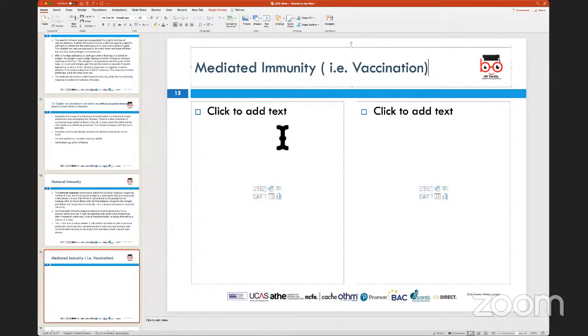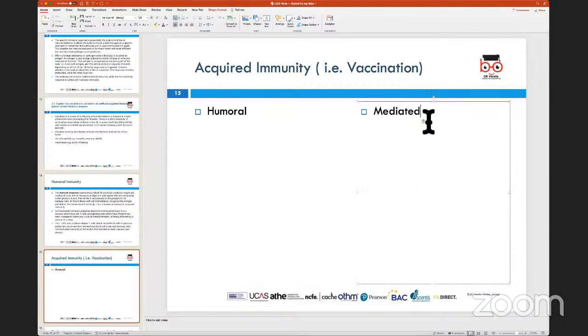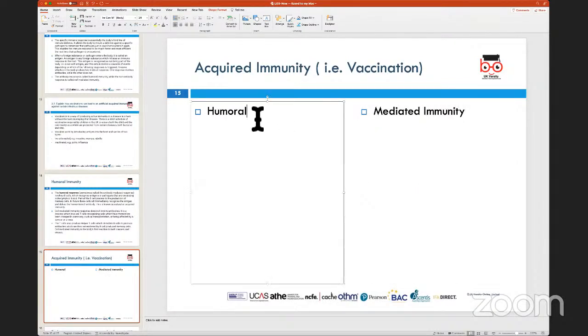Now, when we talk about acquired immunity, that is what would be done through the route of vaccination. Here, humoral and cell-mediated immunity are two different types that we have to understand when we talk about acquired immunity, which normally comes through vaccination.